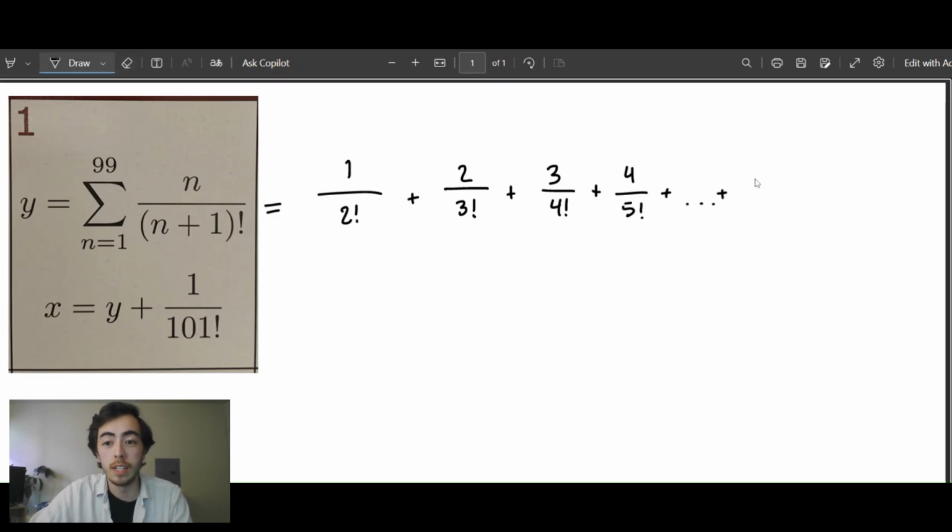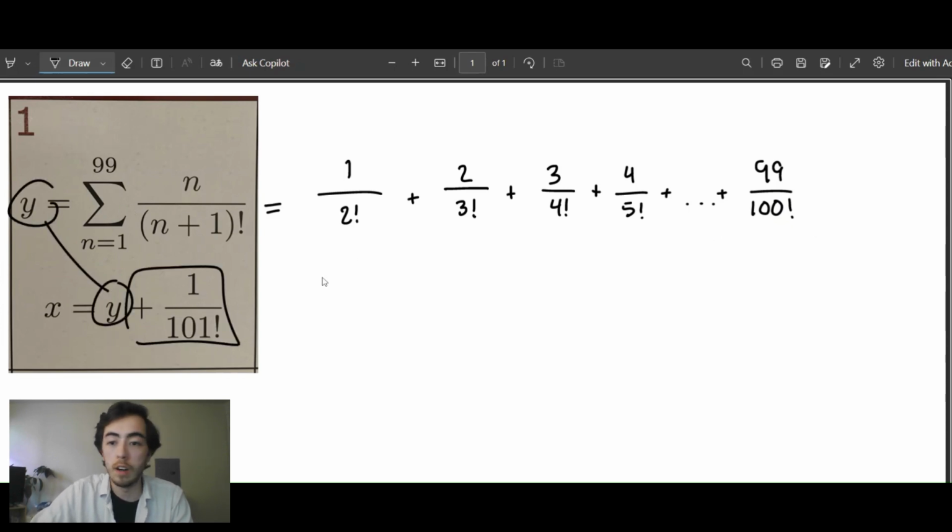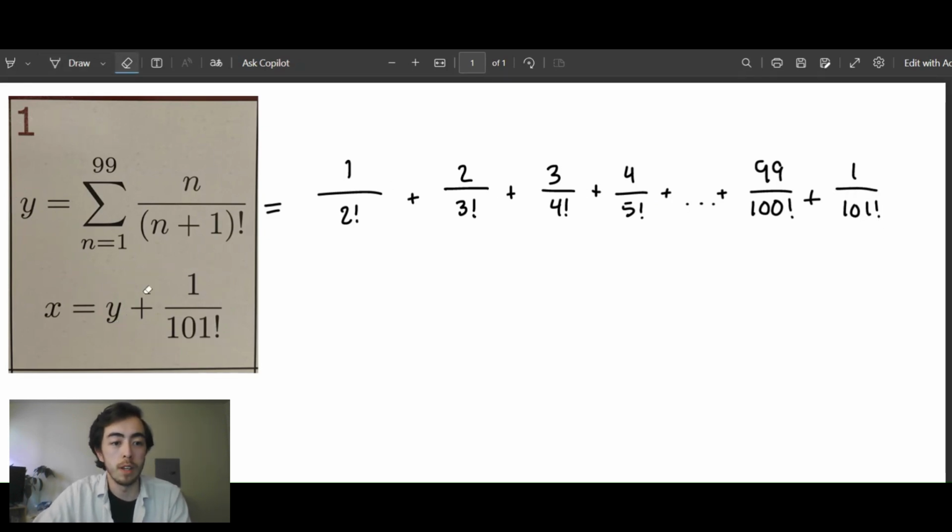That's when n is 99. So we'll have 99 over 100 factorial. And then that's this y right here. And so if I add on a 1 over 101 factorial, this sum right here with 100 terms apparently is equal to the number 1, because that's today's date.